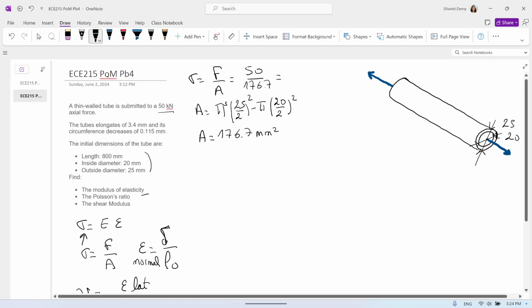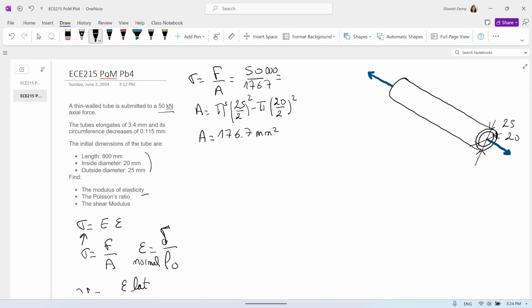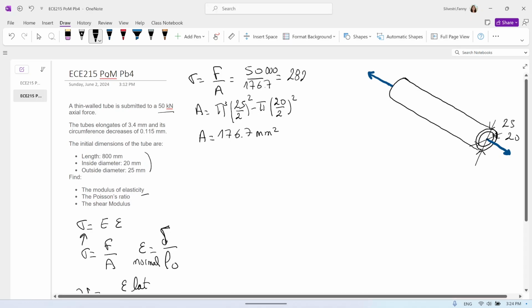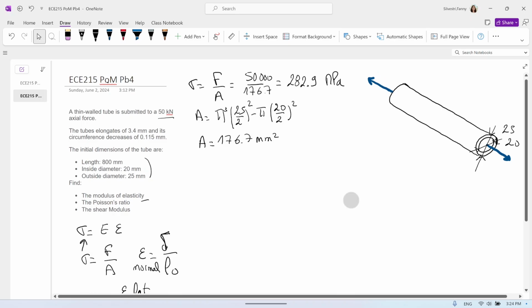So 50, that's 50 kilonewton, let me add the 1,000, that will give us 282.9 megapascal. Don't forget your 1,000, 50,000. So this is for the normal stress.